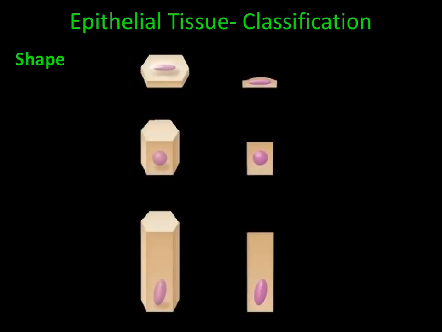And finally, when classifying by shape, a flat cell, or a cell that is wider than it is tall, is classified as a squamous cell. A cell that is shaped like a cube, or is as tall as it is wide, is classified as a cuboidal cell. And finally, a rectangular shaped cell, or a cell that is taller than it is wide, is classified as a columnar cell.